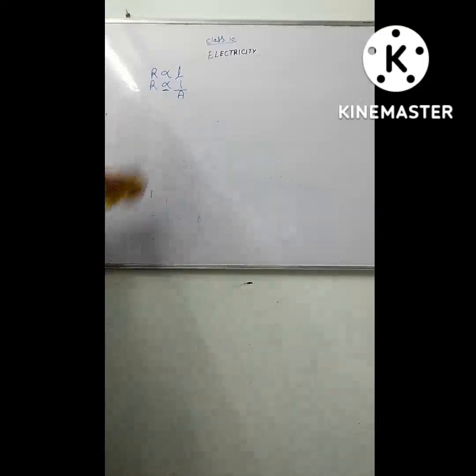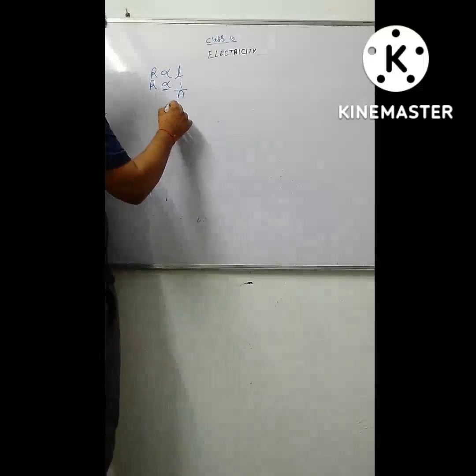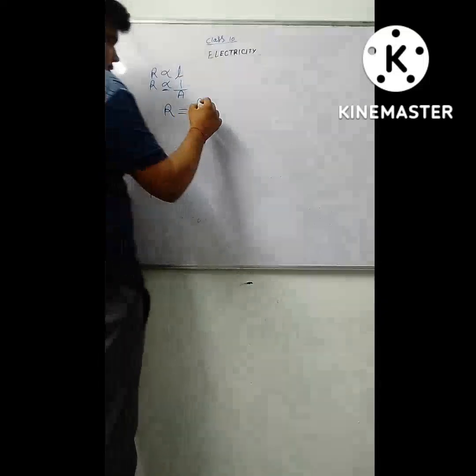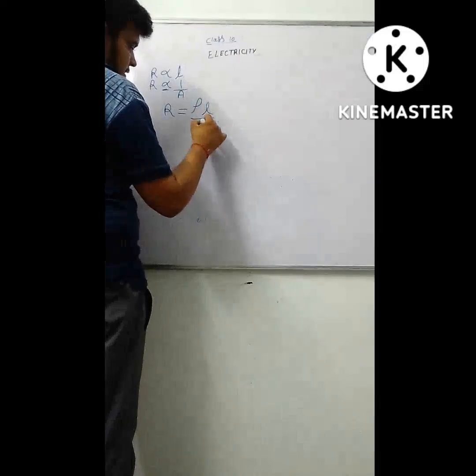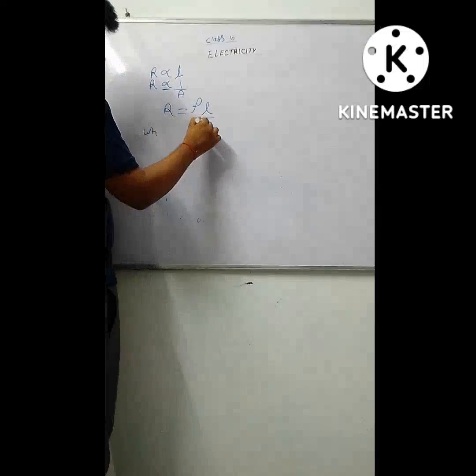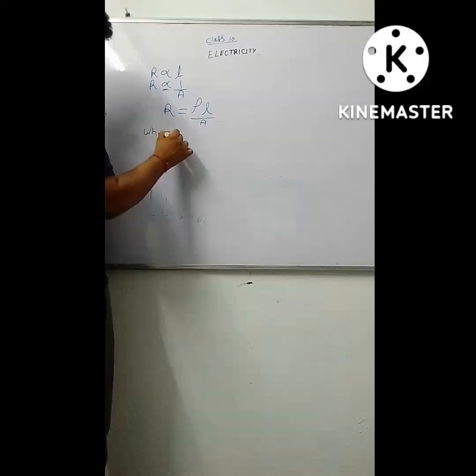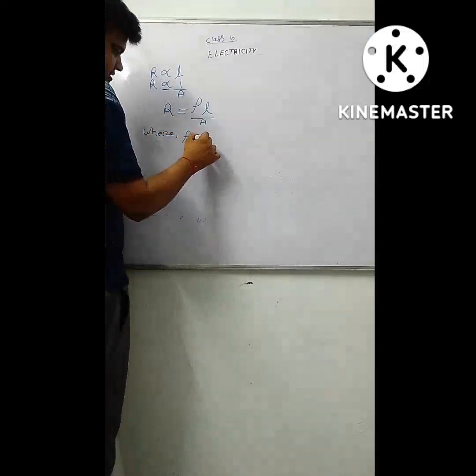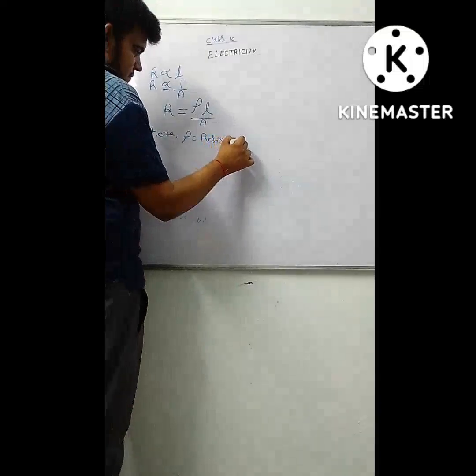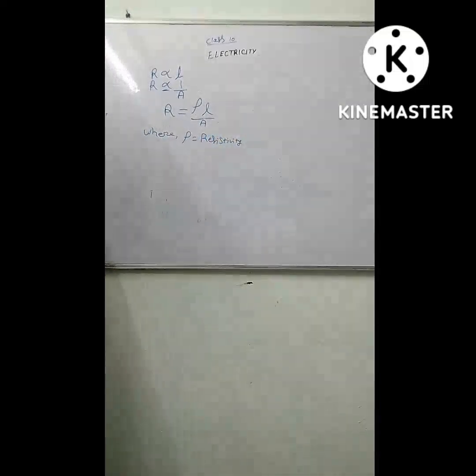To remove it, we add a constant, that is rho, which is resistivity or specific resistance.